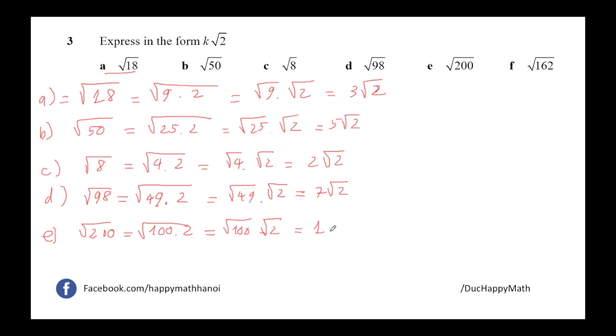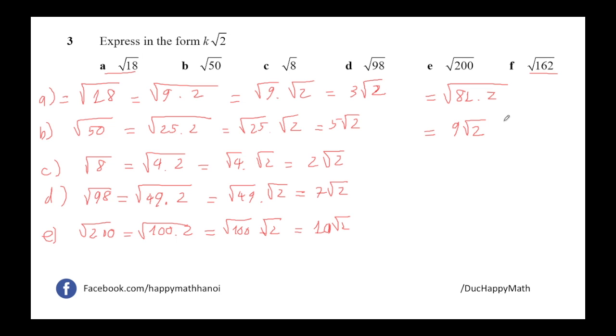So 10 times the square root of 2. So in the question F, you separate 162 as 81 times 2. Take the square root, so it will be equal to 9 square root of 2. This is the question 3.